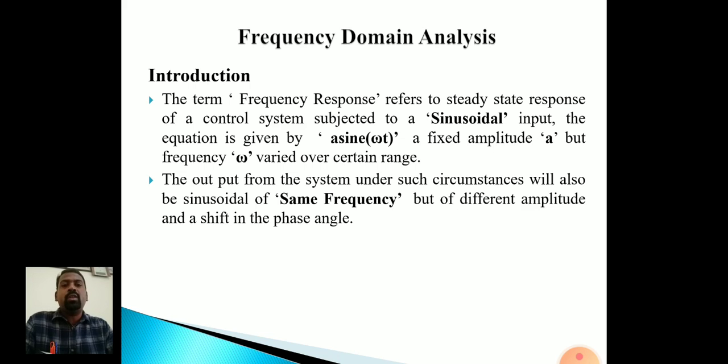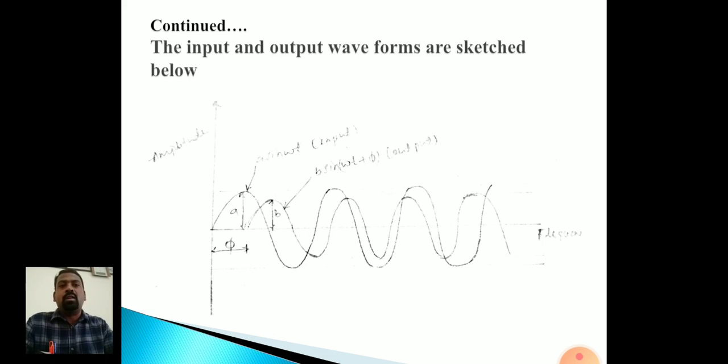The frequency remains the same, there is no change in frequency between input and output, but only a difference in amplitude and a shift in the phase angle, that you can see in the equation.